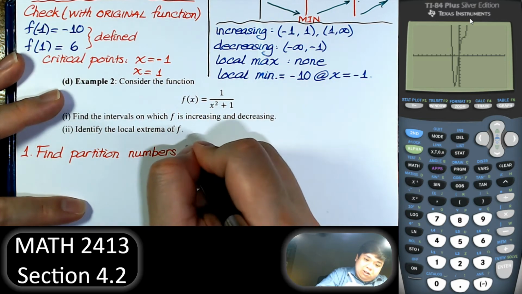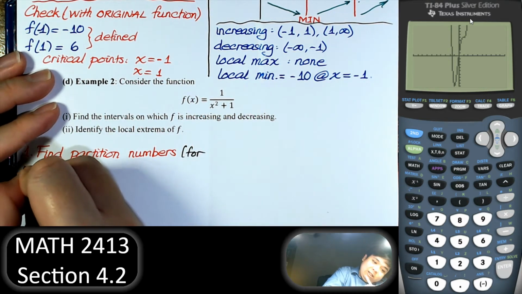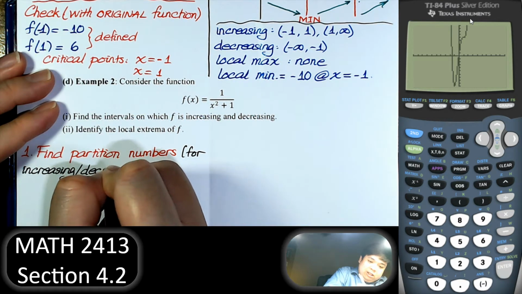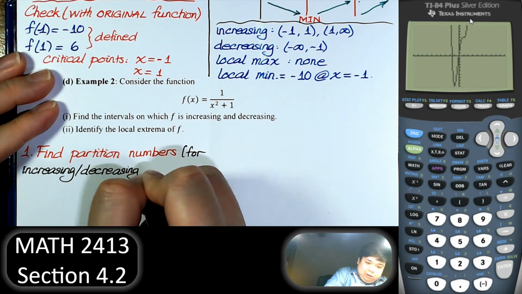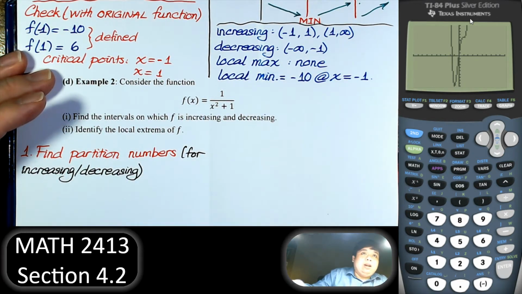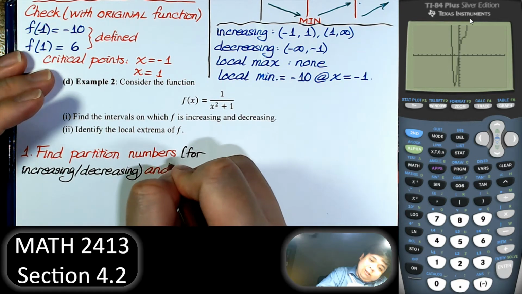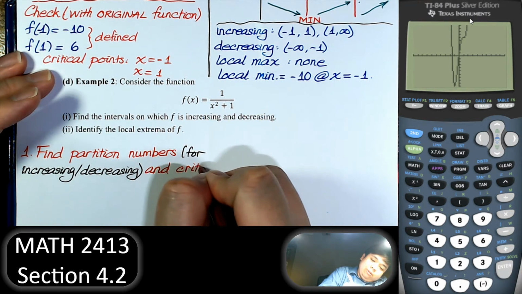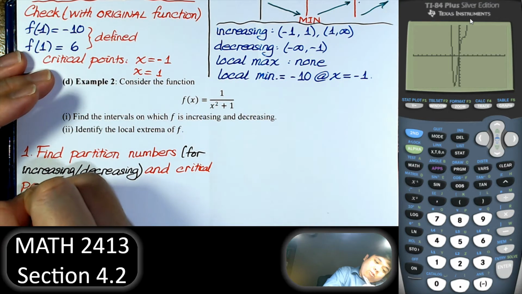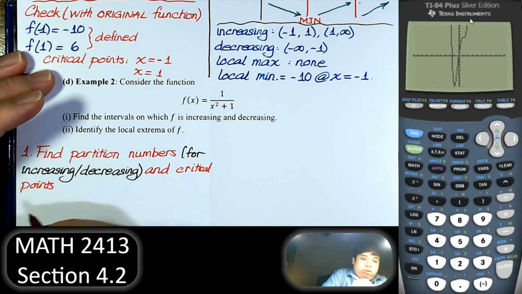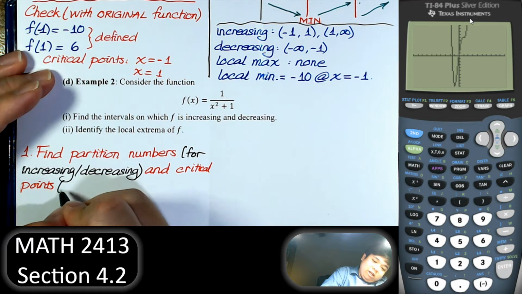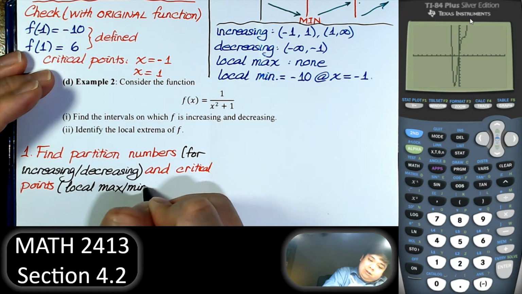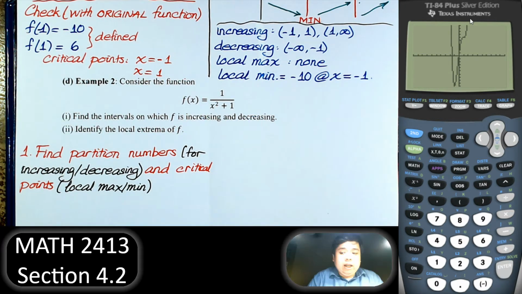Partition numbers for increasing and/or decreasing, and critical points for local max and local min.